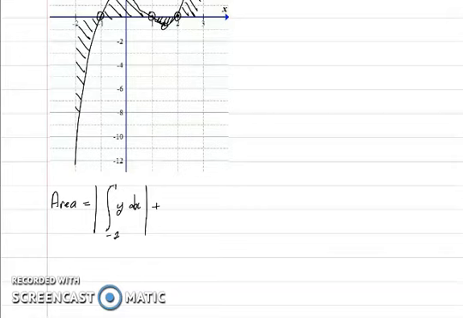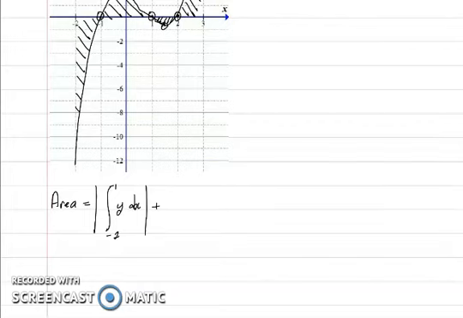We put a mod because the calculation is going to come out negative, and the mod is just there to say that what we need is not the negative value but the positive of the negative value.